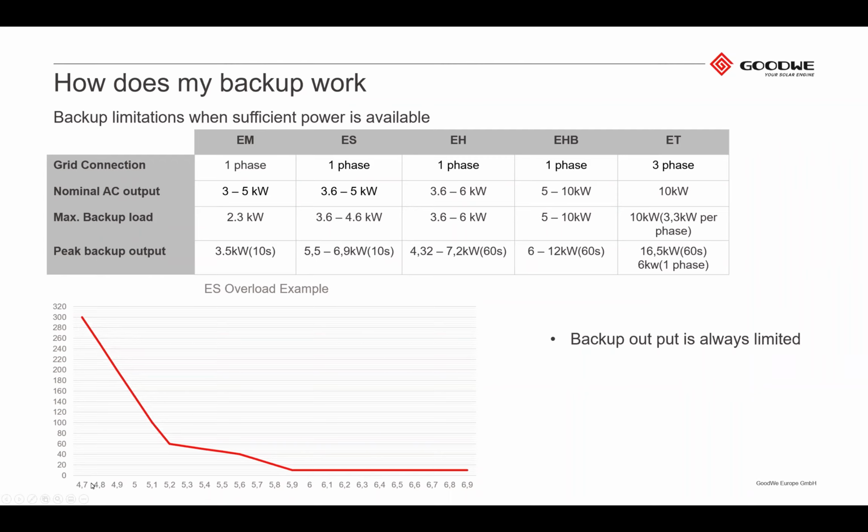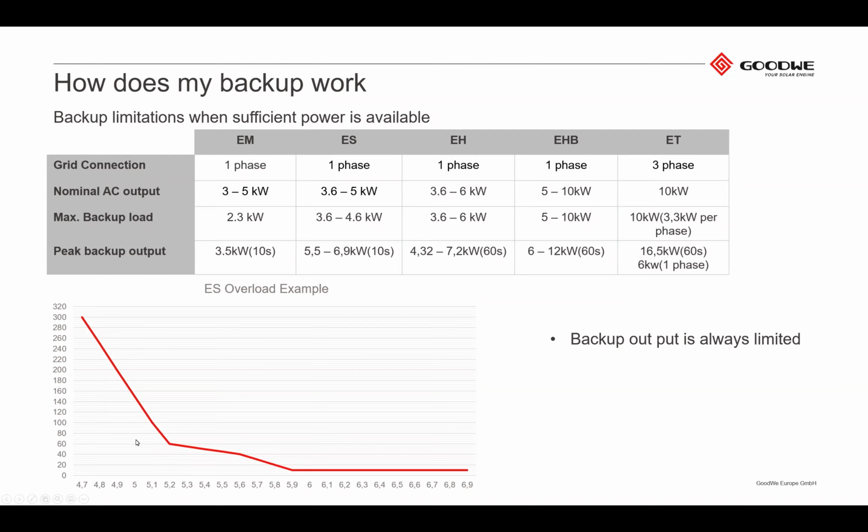At 4.7, so just over 4.6, the inverter should roughly run for about 5 minutes on that 4.7 kilowatts. So it won't shut down immediately. But this is also based on having the latest firmware on your device. If you have much older firmware, it could be more sensitive, so just keep an eye out for this. And as the load increases up until the maximum AC capacity of the inverter, the overload time drastically decreases.